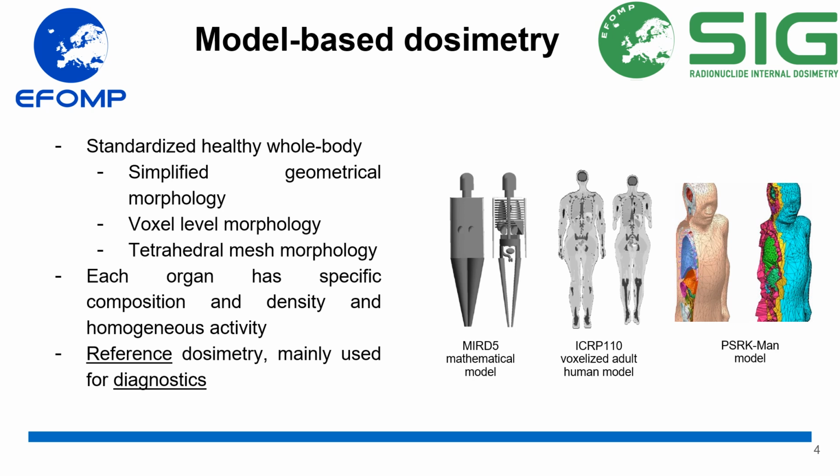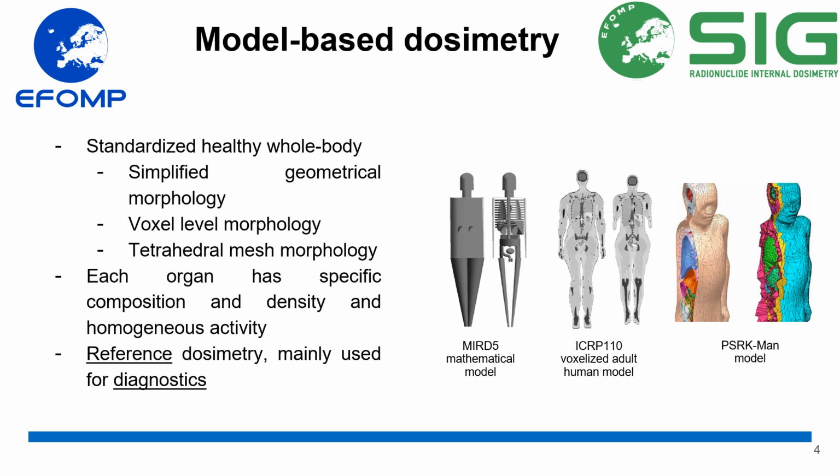When the human anatomy is implemented by standardized and healthy whole bodies, historically named computational phantoms, we talk about model-based dosimetry. Such models can reproduce the human morphology with simplified geometrical shapes, like the MIRD5 model, or with voxelized geometries, like the ICRP 110 models, or even with tetrahedral meshes, like the PSRK model.